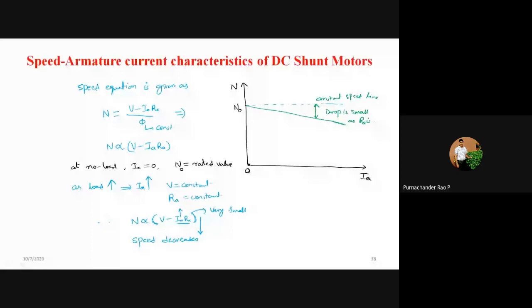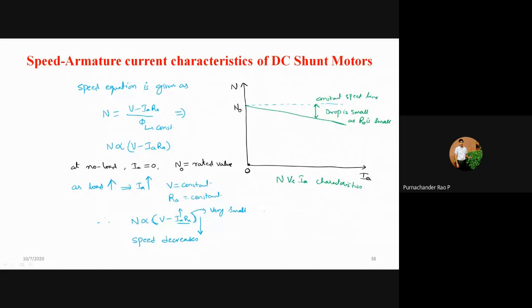So this is the speed versus armature current characteristics.